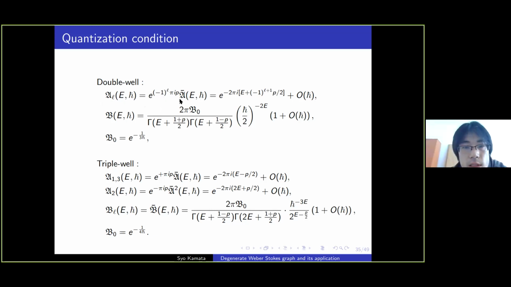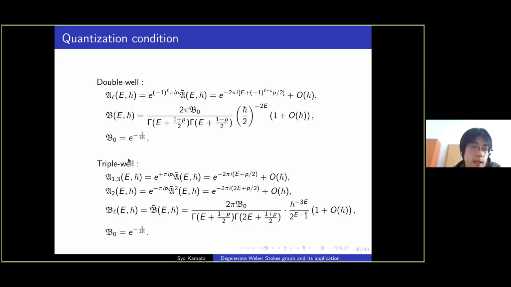So actually, this can be written by this, and also by looking at the leading order of that, it is written in this form. And it is doable also for the B cycle, and it can be written like this form.